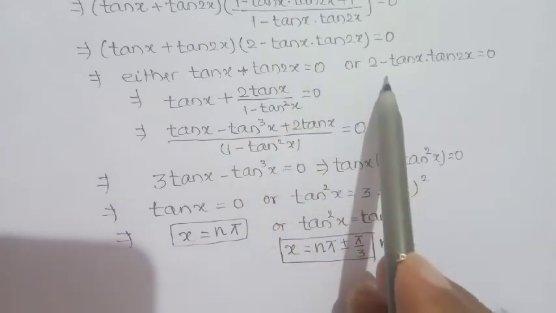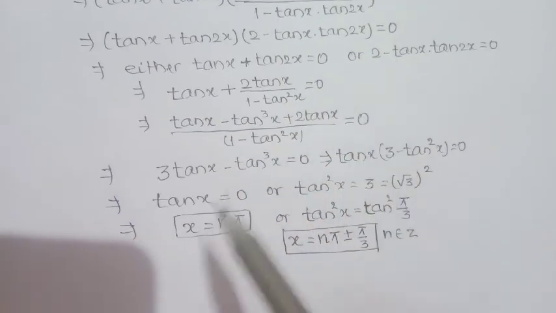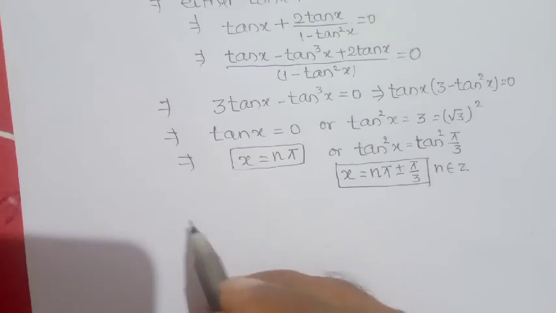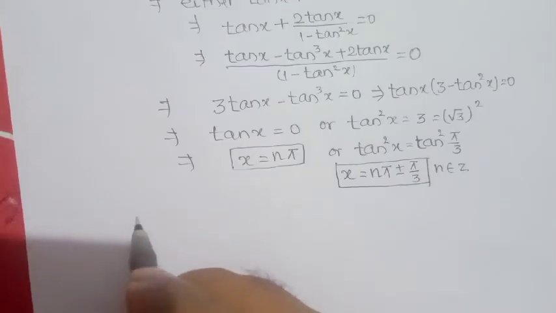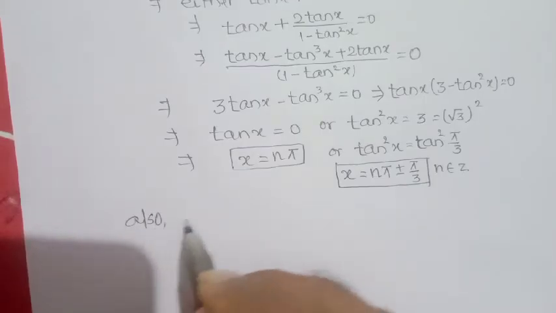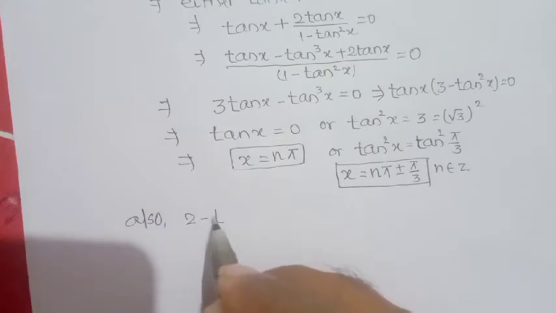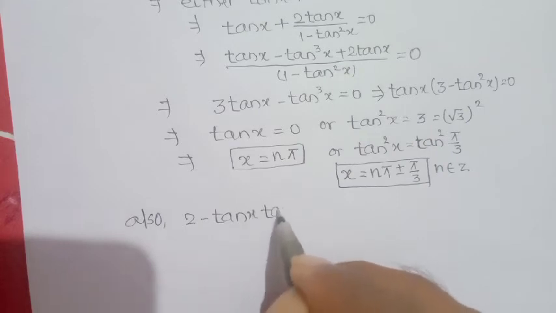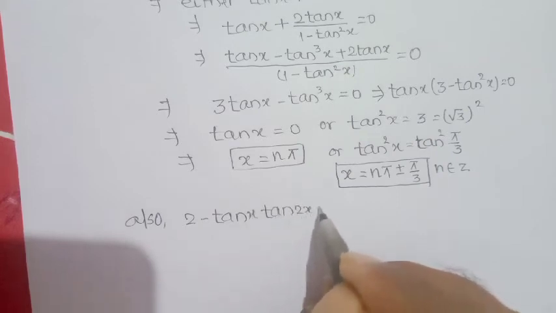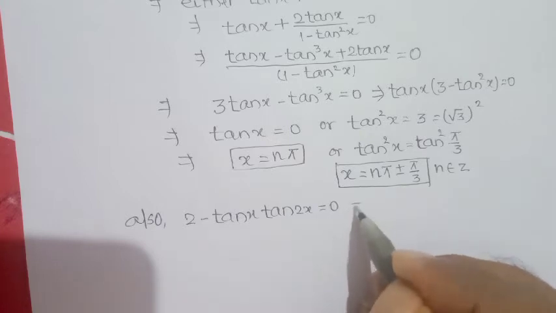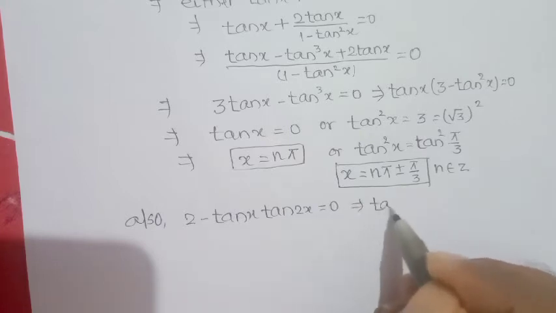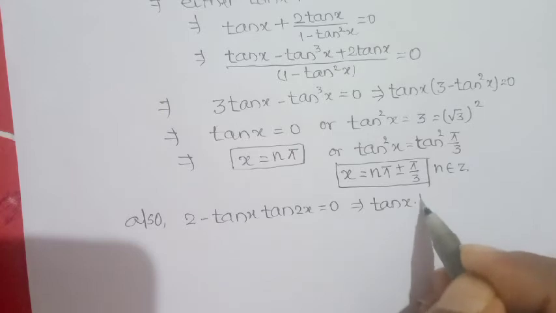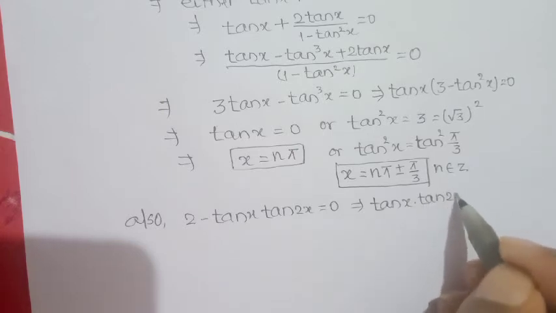Now on the other hand, when I write here also 2 minus tan x into tan 2x equals 0, means tan x into tan 2x is equal to 2.